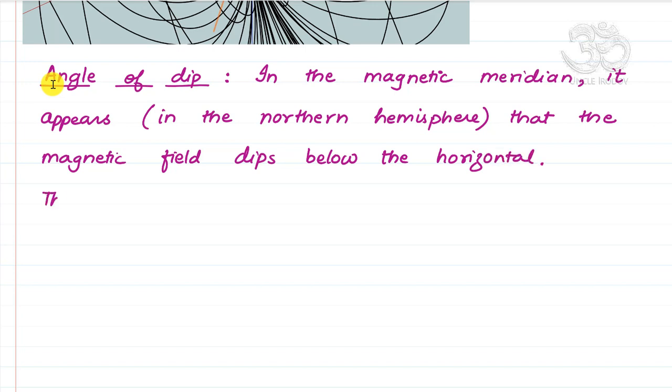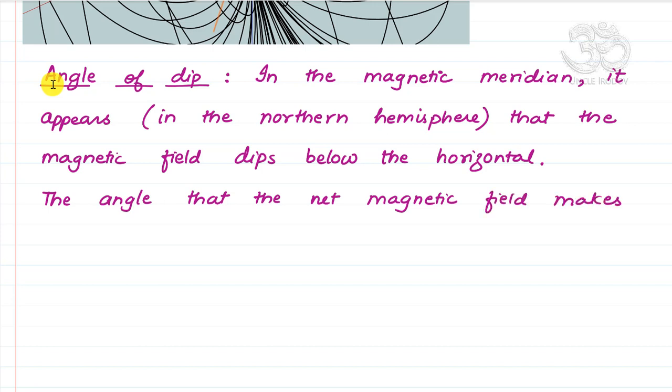And the angle that the net magnetic field makes with the horizontal is called the angle of dip.